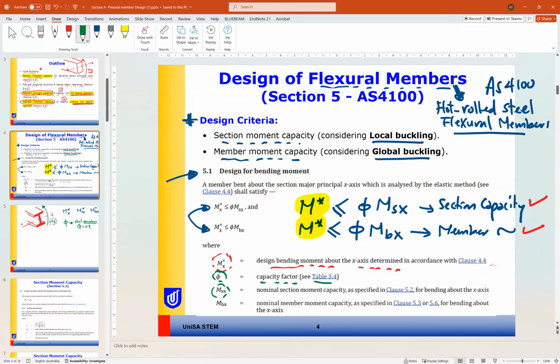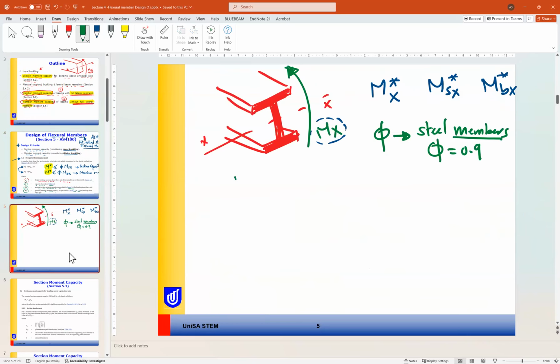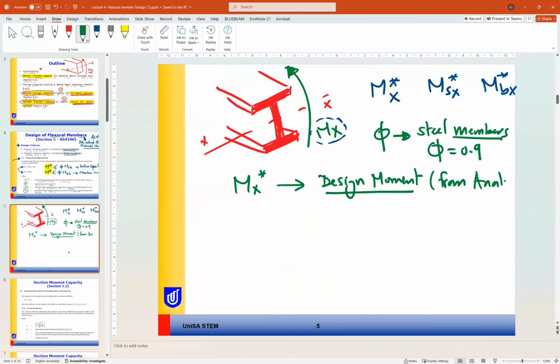MSX is the nominal section capacity as per clause 5.2, we will see now. MBX is the nominal member capacity as per 5.3 or 5.6 for the bending about X. So M*X is the design moment. This comes from analysis of the beam.